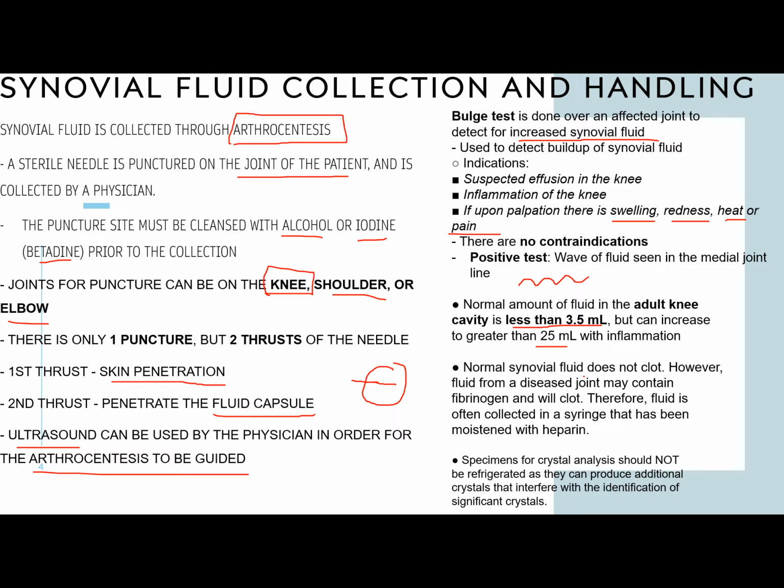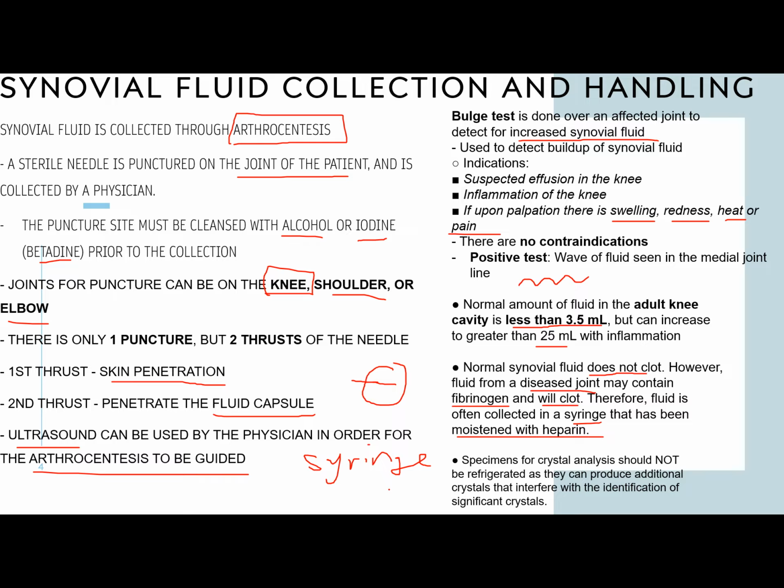Then take note, class, that normal synovial fluid does not clot. However, fluid from a diseased joint may contain fibrinogen and will clot. Therefore, fluid is often collected in a syringe that has been moistened with heparin. So most of the time, class, when doctors perform arthrocentesis, yung syringe, gagawin nila, they would aspirate liquid heparin.